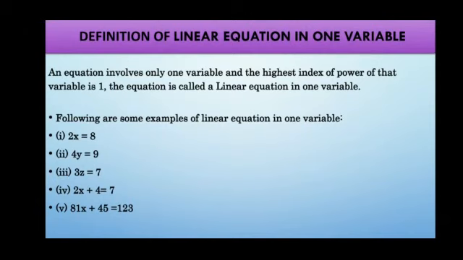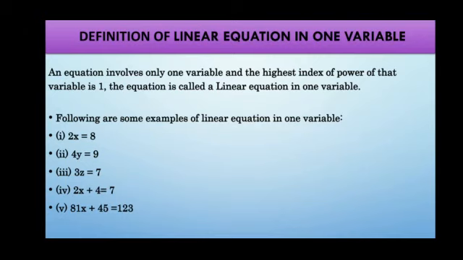Definition of linear equation in one variable. An equation involving only one variable, and the highest index of power of that variable is 1, is called a linear equation in one variable. Following are some examples of linear equation in one variable. First, 2x equal to 8, 4y is equal to 9, 3z is equal to 7, 2x plus 4 is equal to 7, 81x plus 45 is equal to 123.